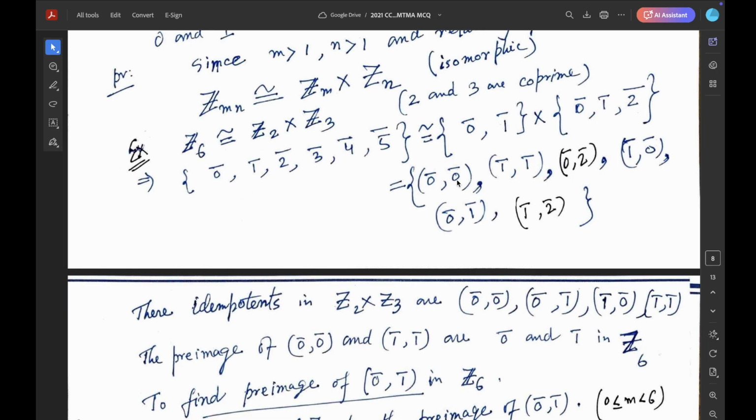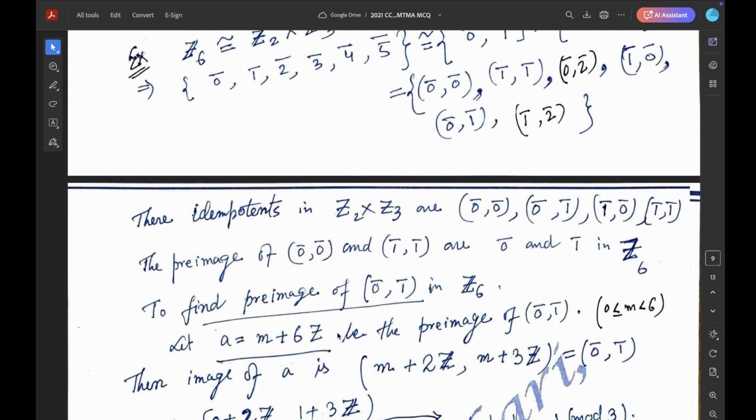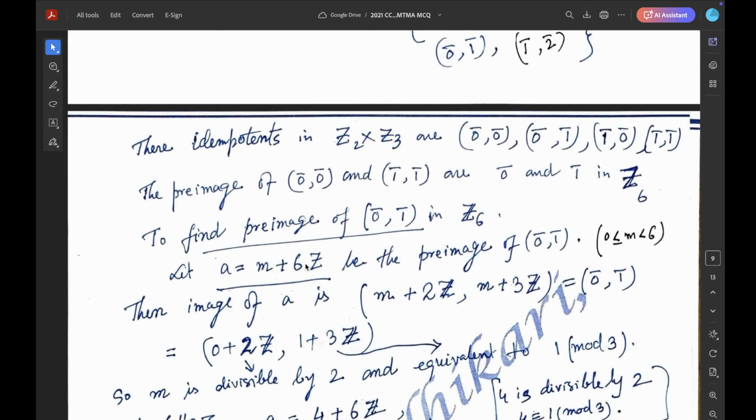So for this element we get, in correspondence, class 0, and for this ordered pair (class 1, class 1), we get class 1. Now we want to find the preimage of (class 0, class 1). Let A equal to m + 6Z be the preimage of (class 0, class 1), where 0 ≤ m < 6.